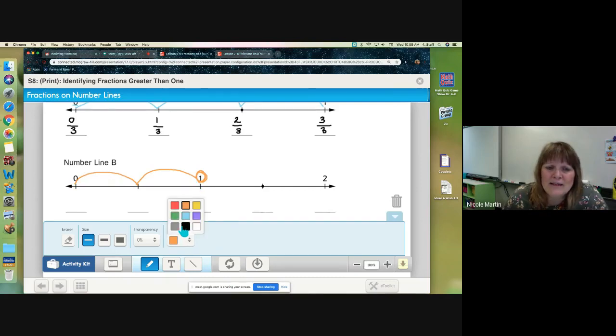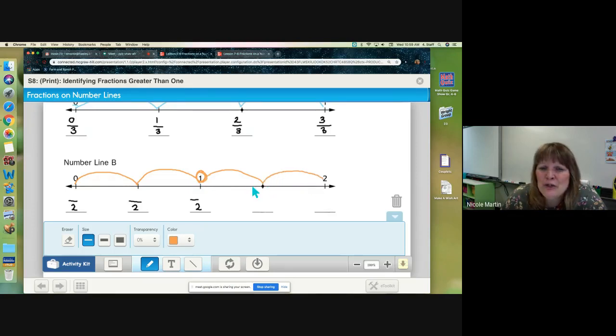So that tells me then that our denominator is going to be, Bennett, what's it going to be? Yeah, 2. Our denominator is going to be 2. Now if we continue to look over here, you can see between 1 and 2, we still have 2 equal parts, right?